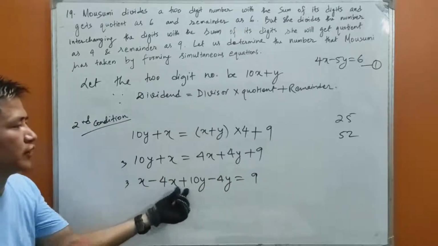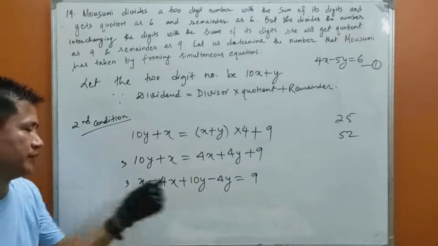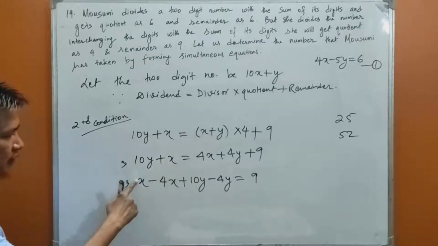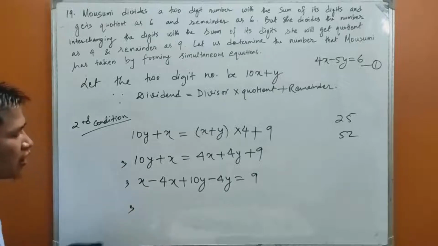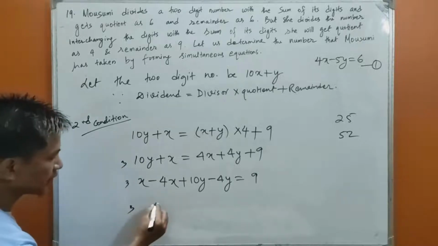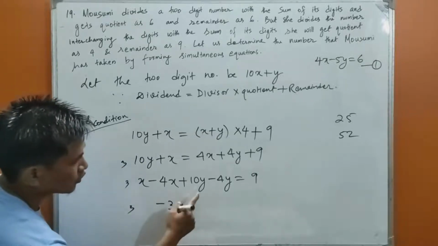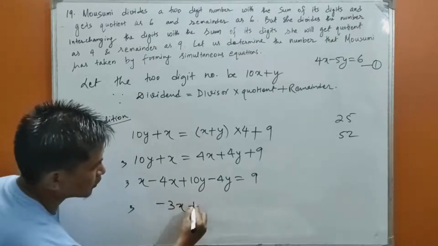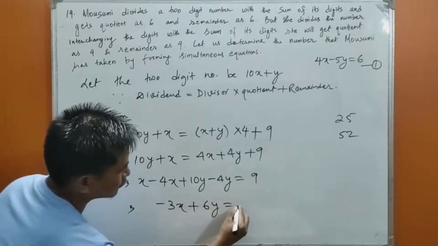This plus x is here and this plus 10y is here. Plus x and minus 4x is minus 3x, isn't it? So plus 10y minus 4y is plus 6y equals 9.